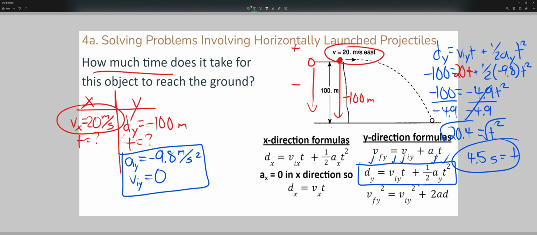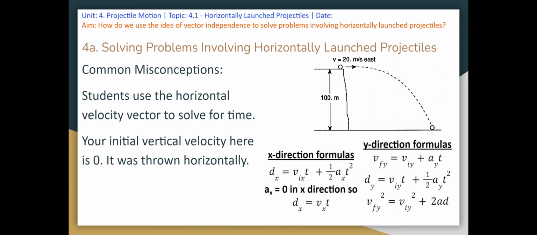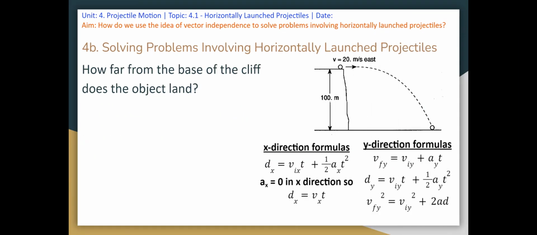But you cannot do this because you cannot mix x and y. They get the wrong answer, or they don't know where to go from that point on. So it's very important that you do not mix your x and y.